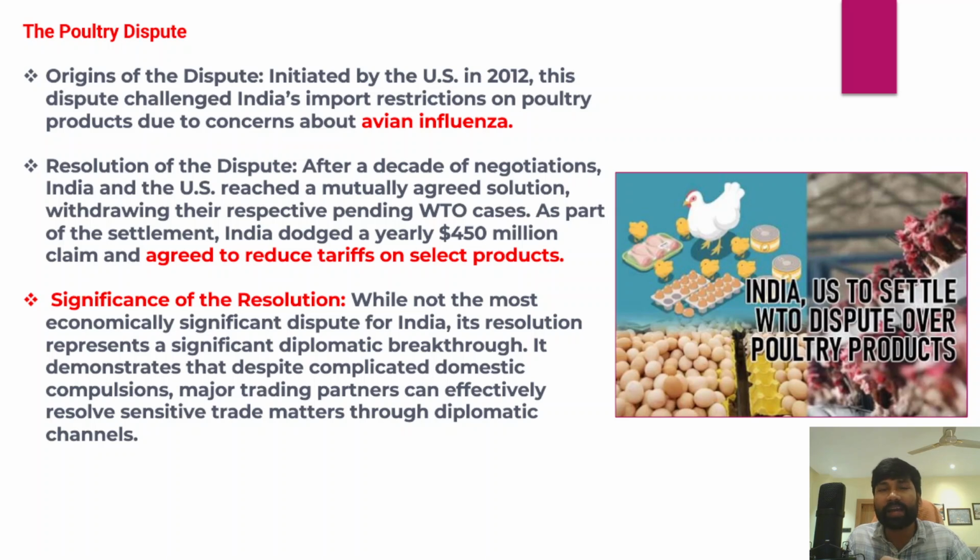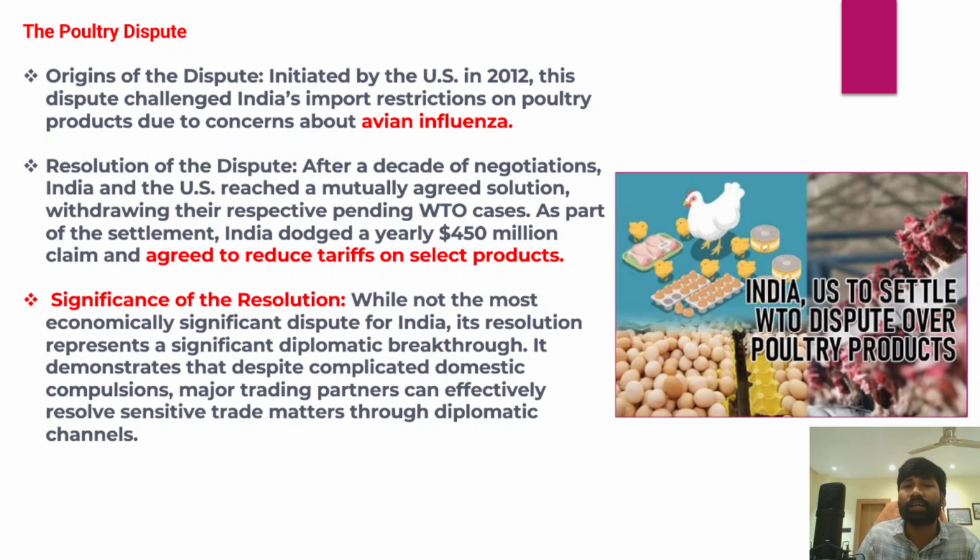Why has India been imposing restrictions on the import of these poultry products? Because of avian influenza H5N1 that we have recently discussed. Because of avian influenza concerns, India has been imposing a lot of restrictions on poultry product imports from other countries, particularly the USA. So that was the origin of this particular dispute.